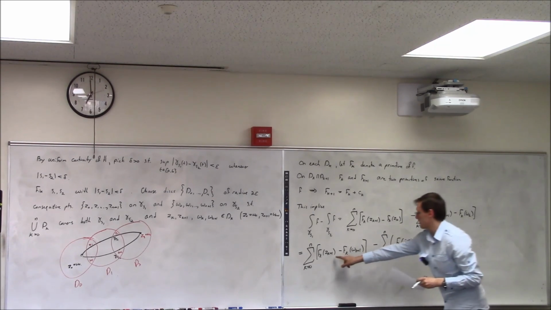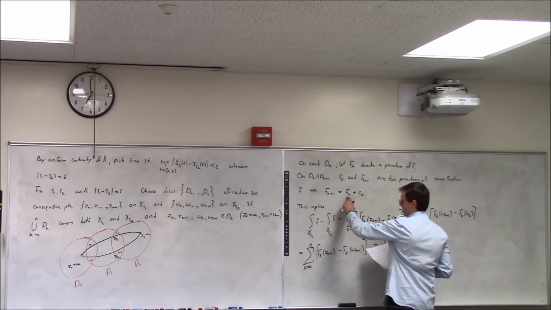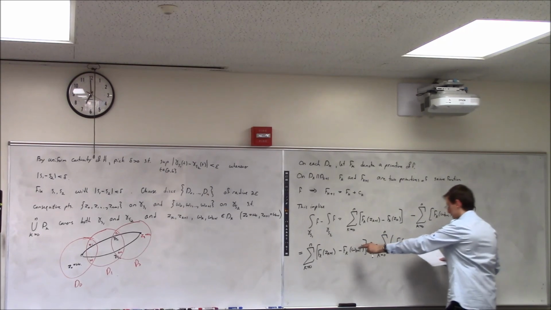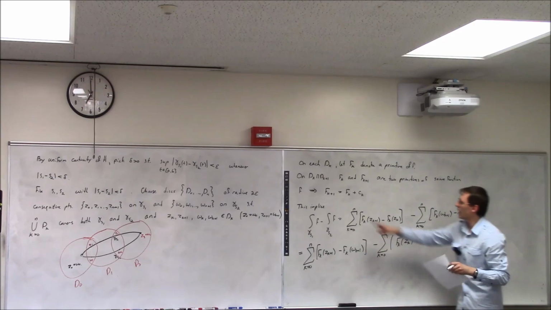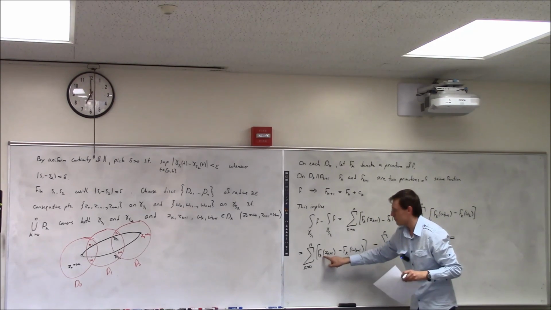So notice that those are very similar terms, and because I have this property here, I can make it a telescoping sum. Basically I apply this property, and I can go from k to k plus 1 if I want to.